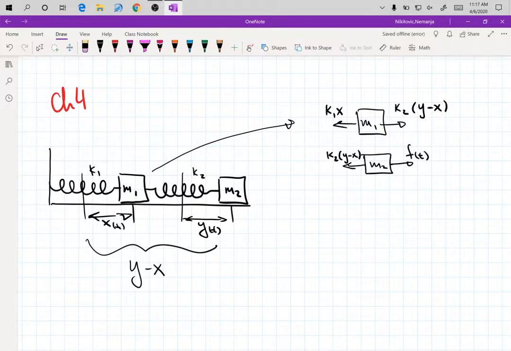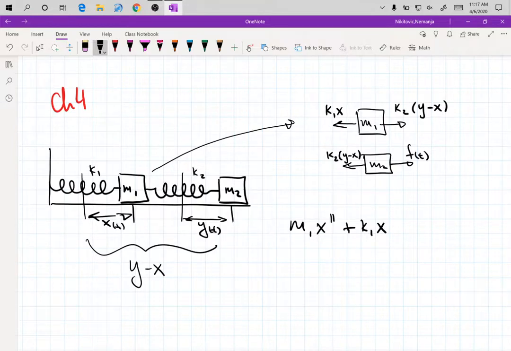So your differential equation model for the top would be the good old m1 x double prime plus k1 x. So that's the system.